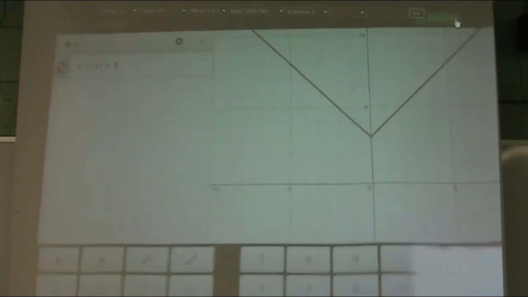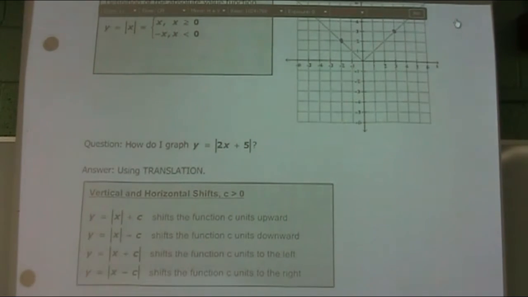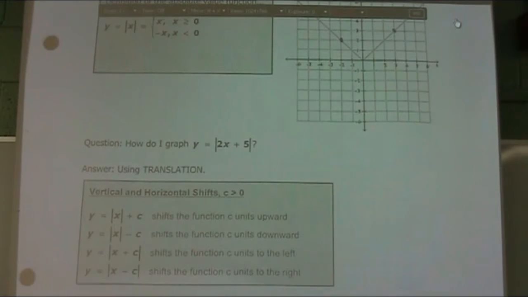Now, the same thing happens, but in reverse, if I subtract a number from the function, it's going to shift it down. It's going to be the same V shape, but it's going to shift down. If I put that number inside the absolute value bars, and the number is positive, it's added, it's going to shift it to the left.